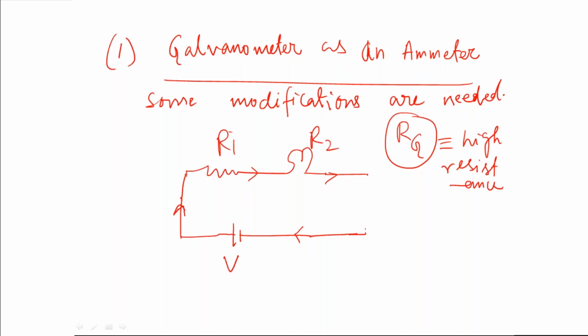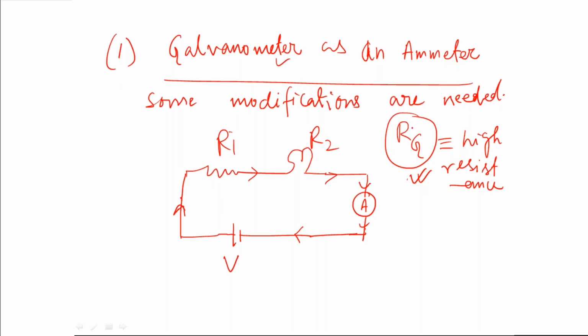If I use the galvanometer directly, what will happen? It has huge resistance. This galvanometer coil has a huge resistance. So what would happen? If you use a high resistance in series, the whole current in the circuit will change.